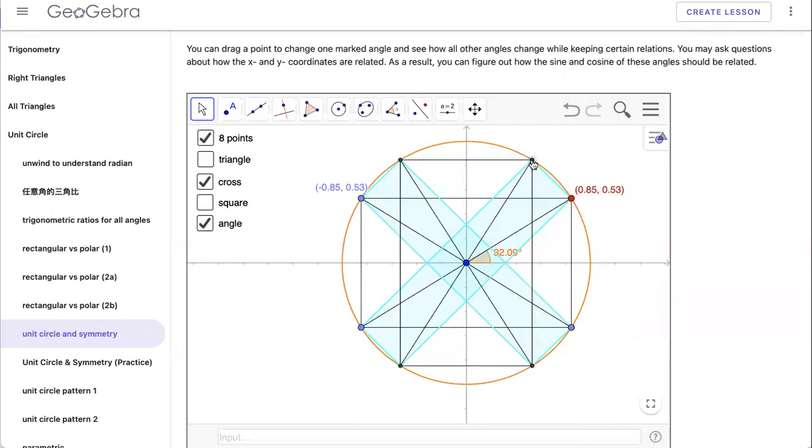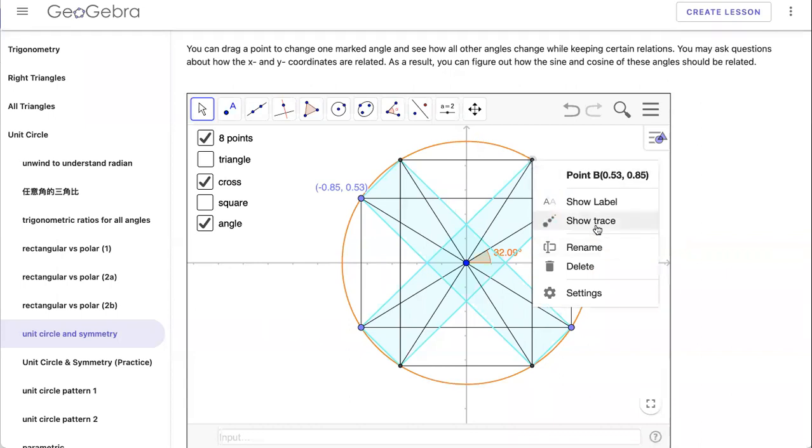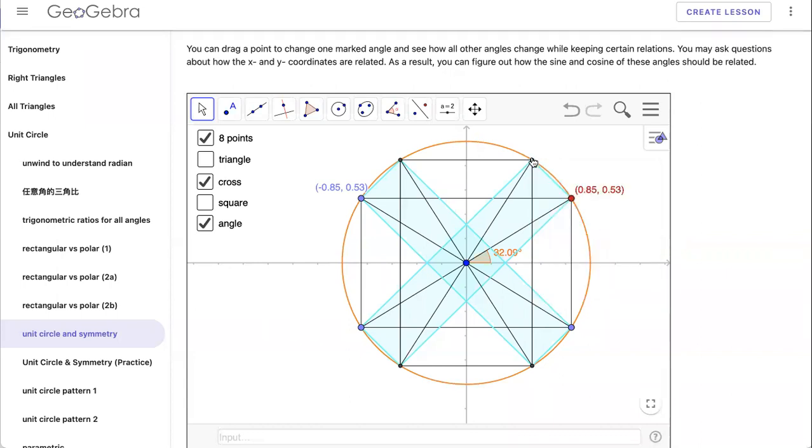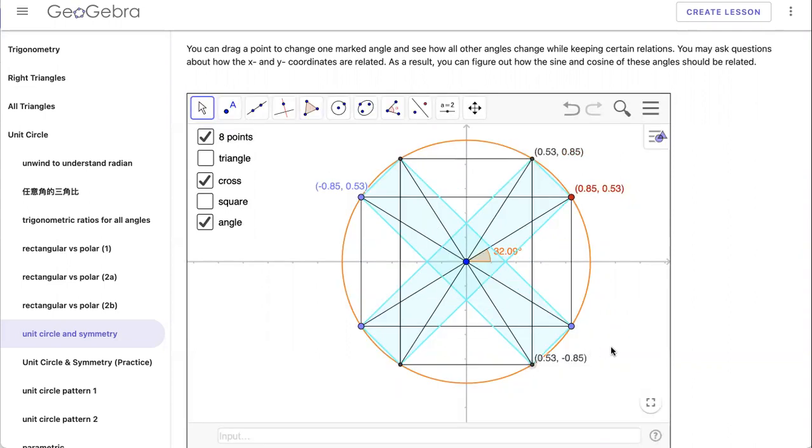Because if you look at these 2 points, and then you can see that, oh, sorry. So I should start with the label. Then the coordinates are swapped. And similarly, if you look at this pair, the coordinates are also swapped. Or this one, you should compare with this one, actually. So x and y coordinates are interchanged.